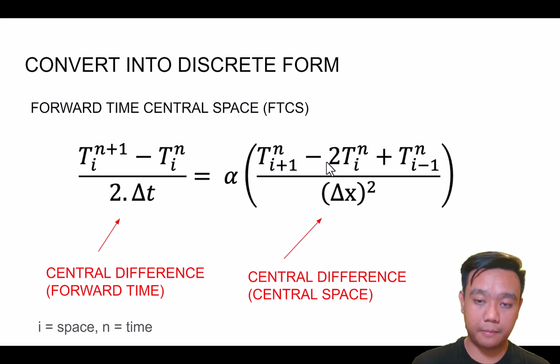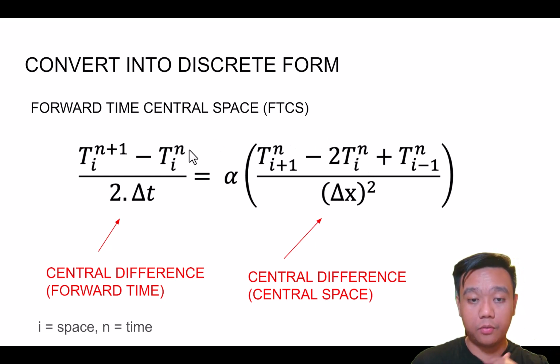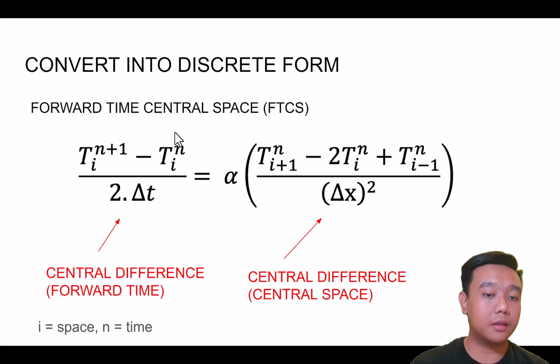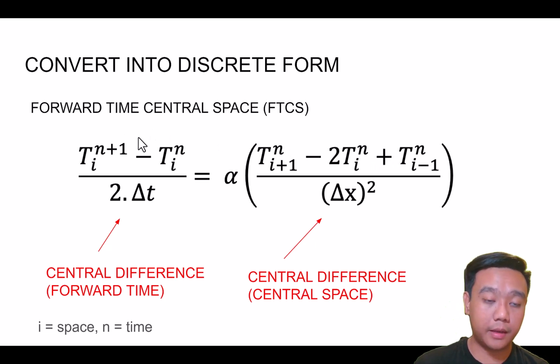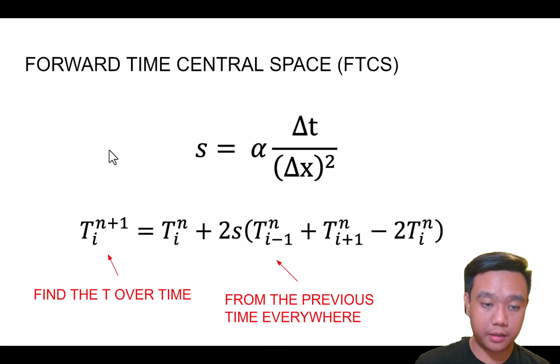It means that we use the space left and right, but for the second order we also have this center term here, T_i. And if we see here, we get three n's and only one n plus 1. So it means we can break it down like this.